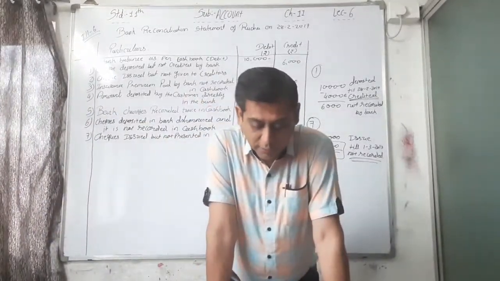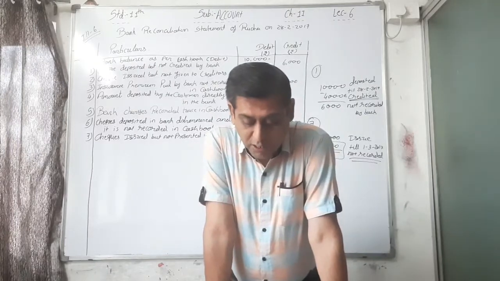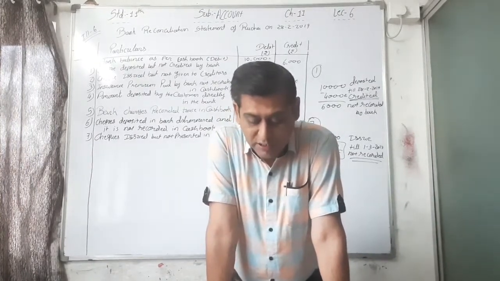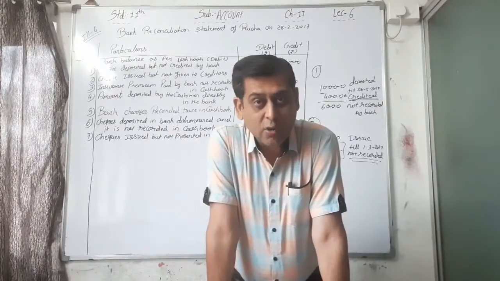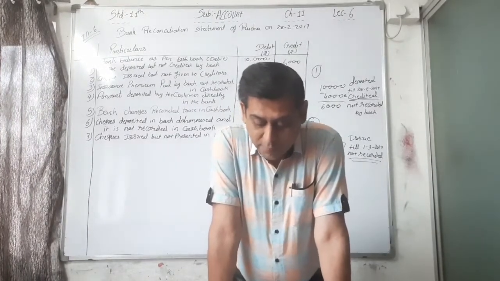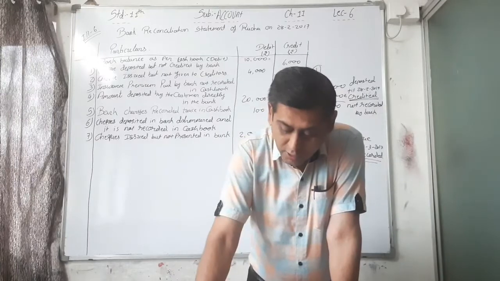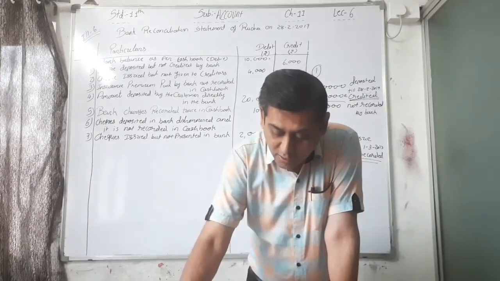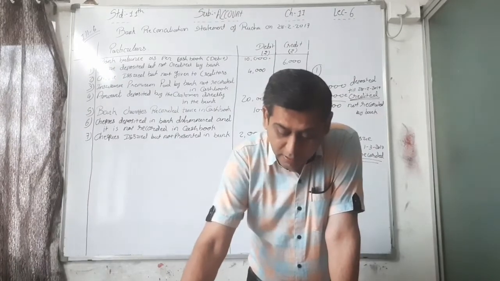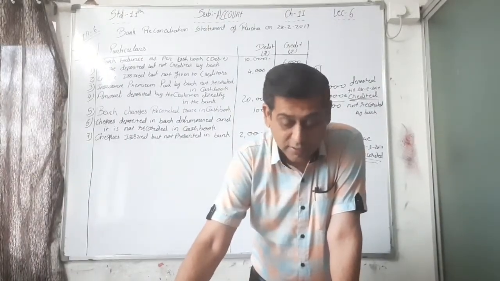Point 8. A check of rupees 4,000 deposited which is not recorded in the cash book. Check deposited but not recorded in cash book. This check is not collected by the bank till 28th February. Again, the twist is there. See the twist?